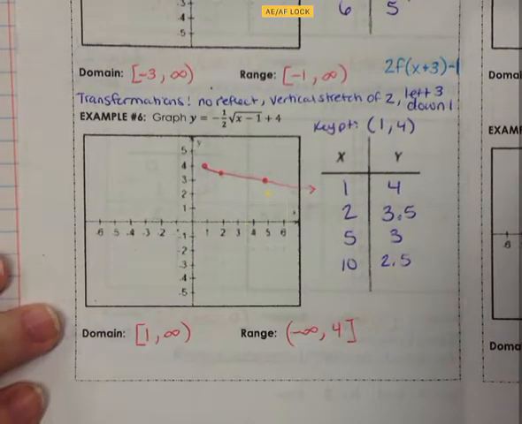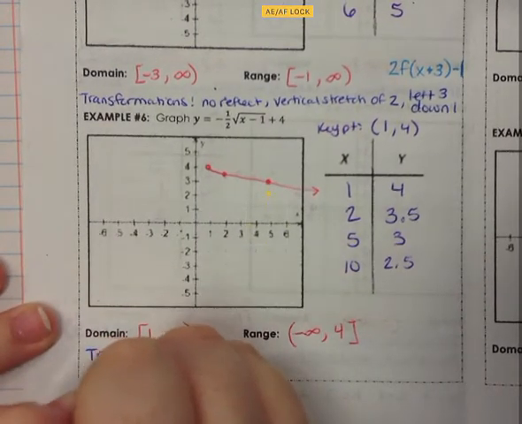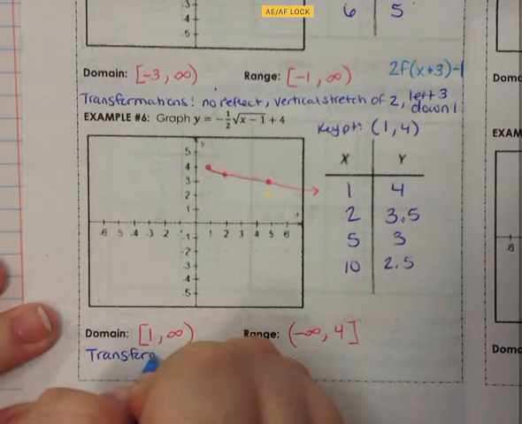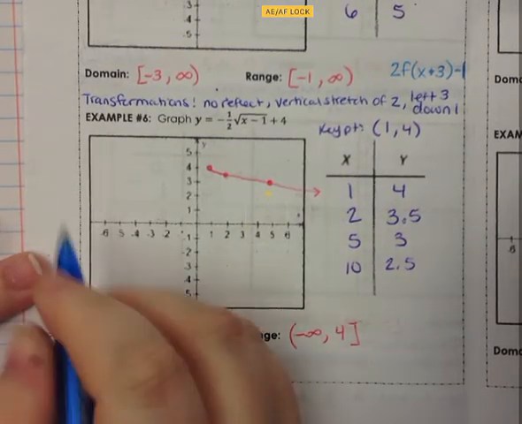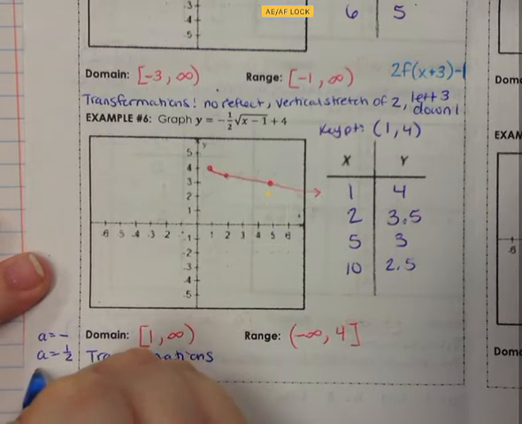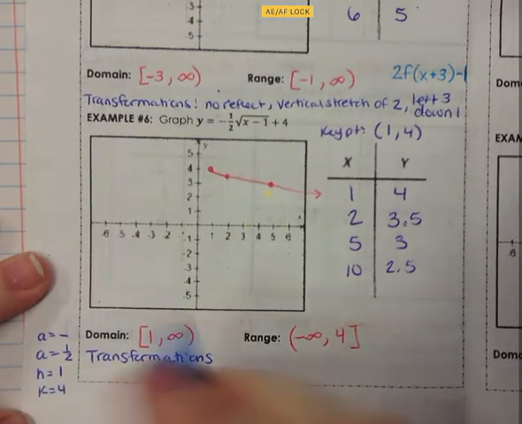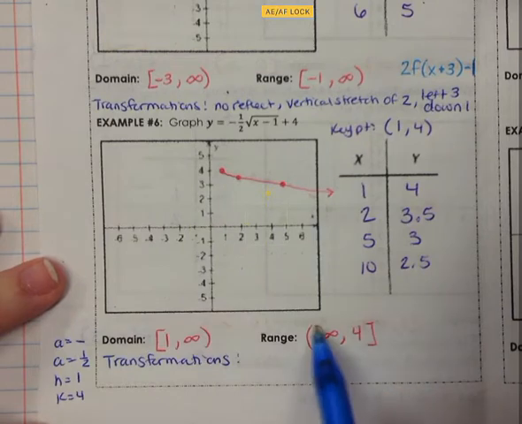Okay. The next is the transformations. So again, we need a equals negative 1/2, h equals 1, and k equals 4. So because a is negative and you see how it's going down, the range changed.